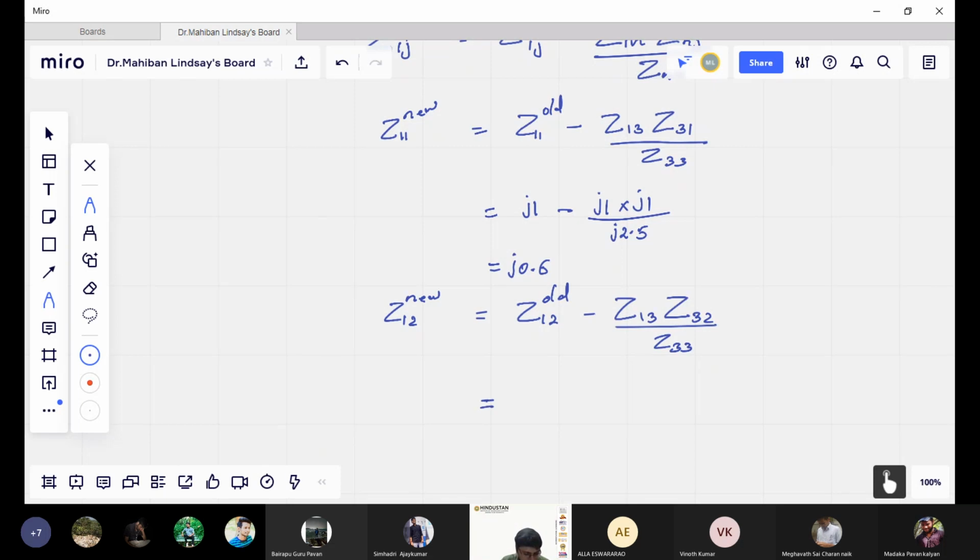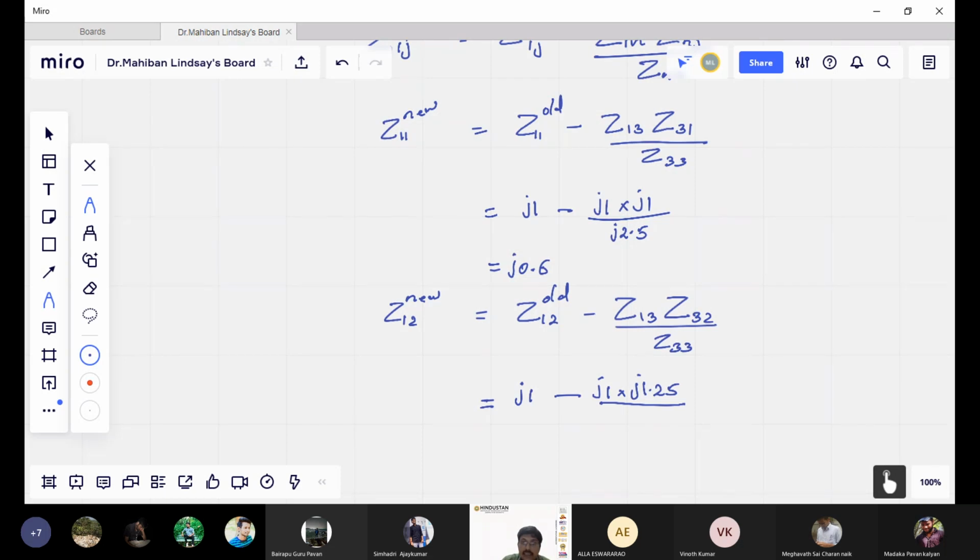The Z12 value in the Z bus is given as j1 minus the Z13 value, which is also j1, multiplied by Z32, which is j1.25. You can check the previous Z bus.